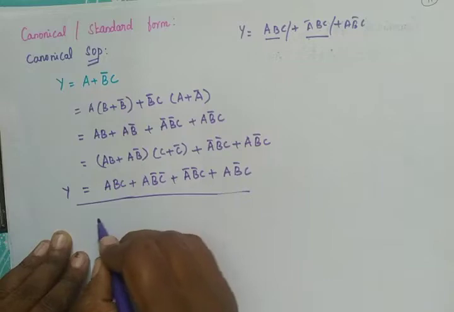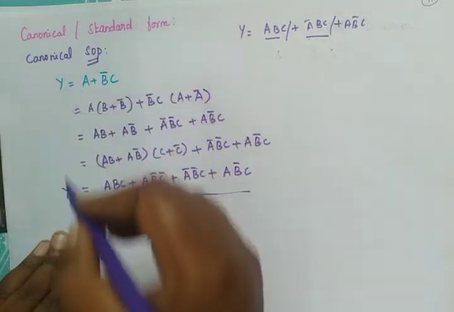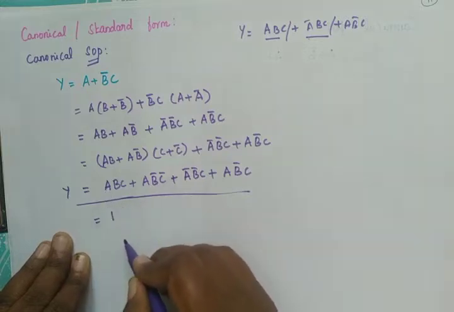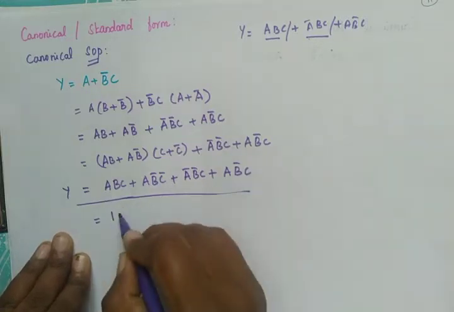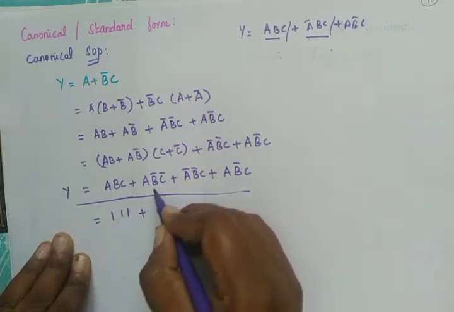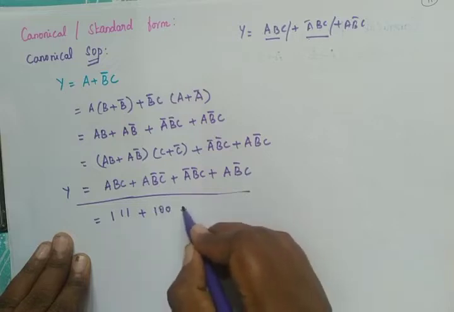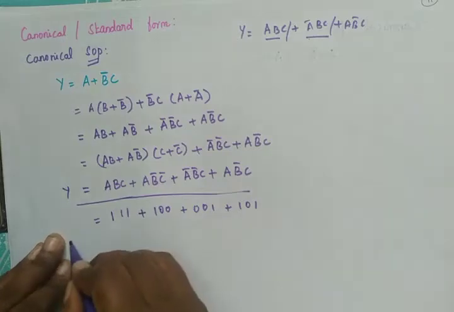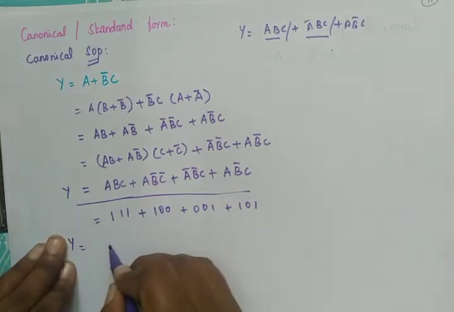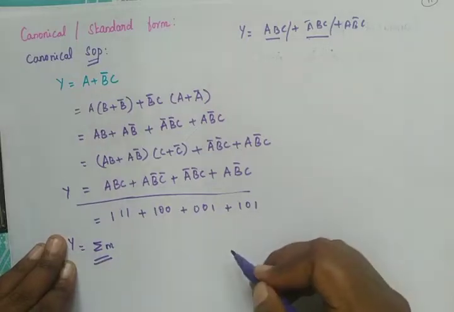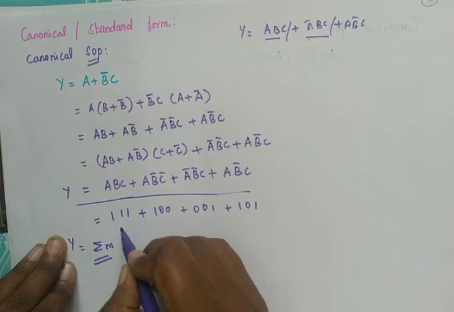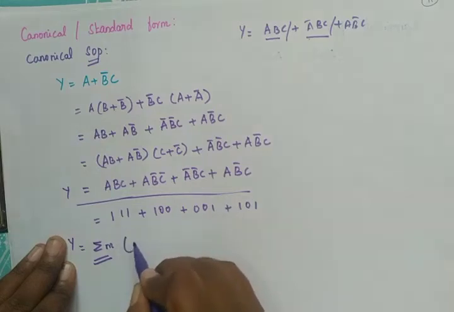Or we can also write this as, since it is SOP it is expressed with A representing 1 and A' representing 0. So 111 + 100 + 001 + 101. So y = summation m. If it is min term, we represent it with summation and small m. Now what is the equivalent decimal number for this?